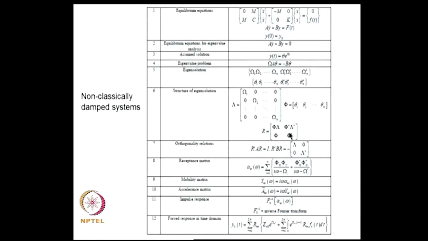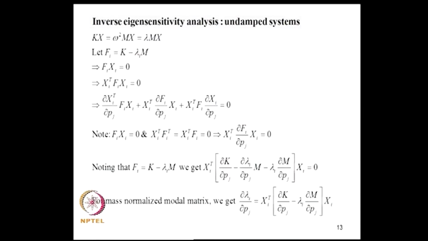The R matrix, which is the modal matrix in this case, satisfies these orthogonality relations, and using this we have derived the receptance, mobility and accelerance matrix, the impulse response functions and response to the force, and so on. I have summarized all the main results in one place. So, we will start with the study of undamped systems.